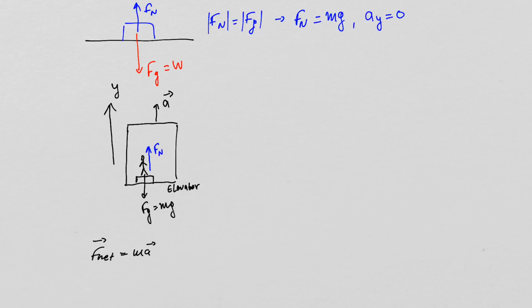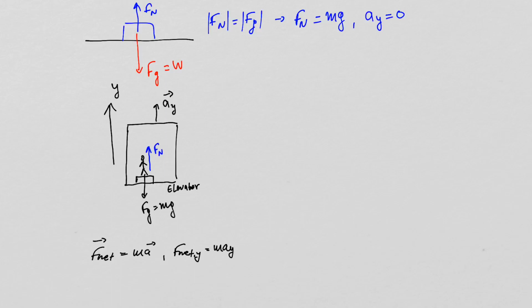Here the motion is in vertical direction only, in y direction, so therefore the second law in component form will simply look like: the y component of the net force is equal to mass times the acceleration in y direction, and this I can call a_y here. So then what is the net force in y direction?